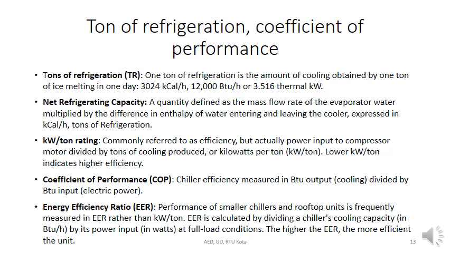Other than that, the EER is also mentioned on refrigeration and air conditioning systems, which is the measurement of performance of smaller chillers or rooftop units, the energy efficiency ratio. It is calculated by dividing the cooling capacity by its power input.